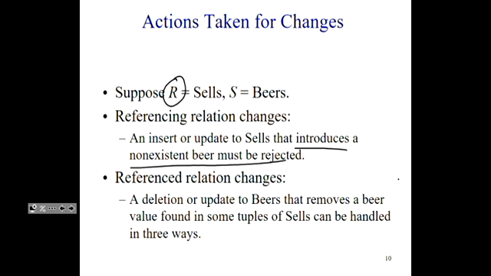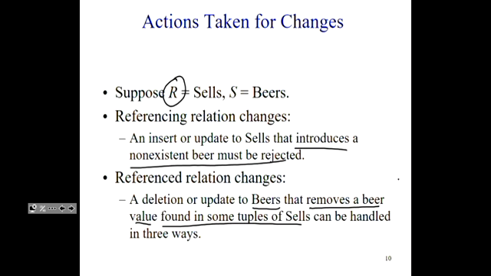On the other hand, if there are changes to the referenced relation, then there are three ways you can handle this. A deletion or update to beers that removes a beer value found in some tuples of Sells can be handled in three different ways.